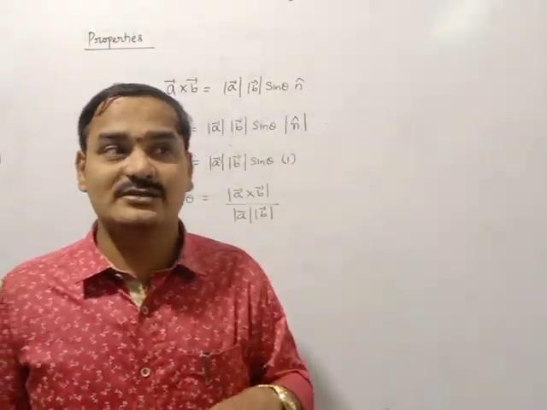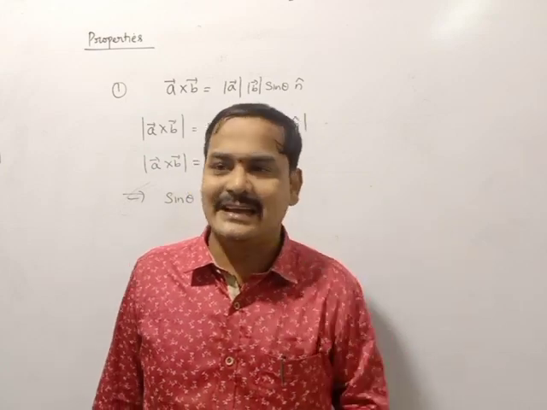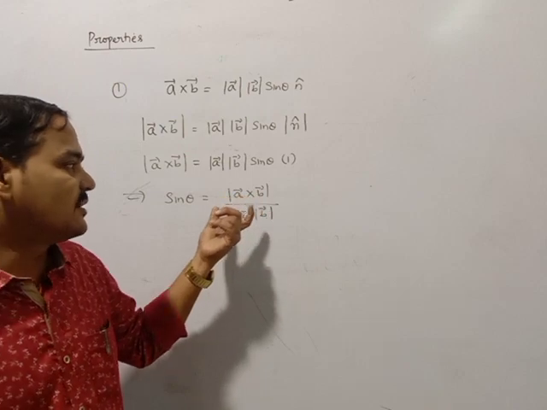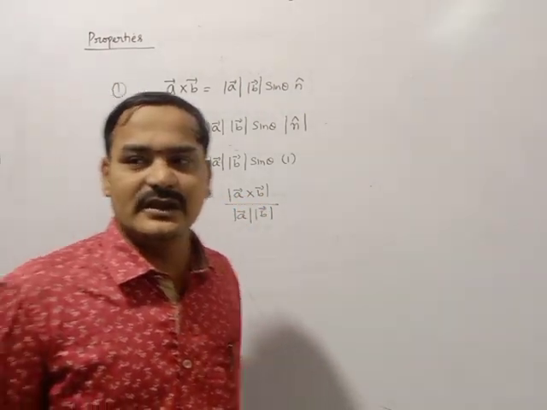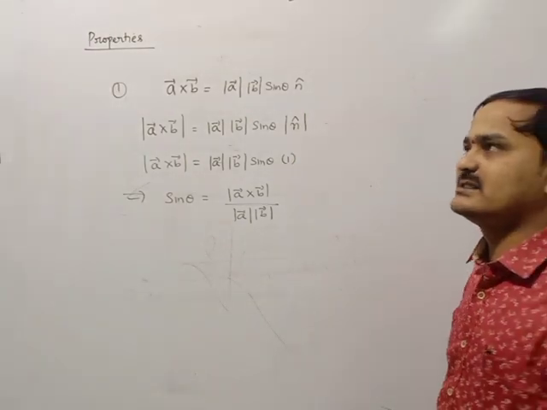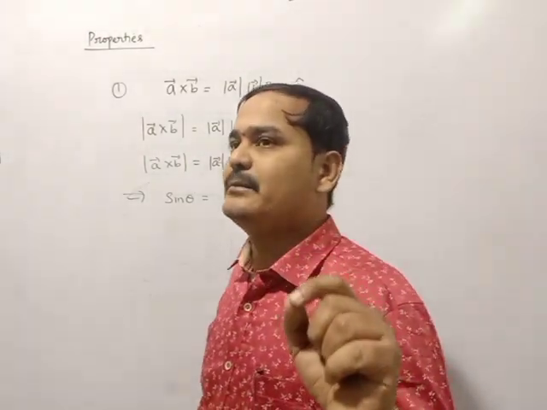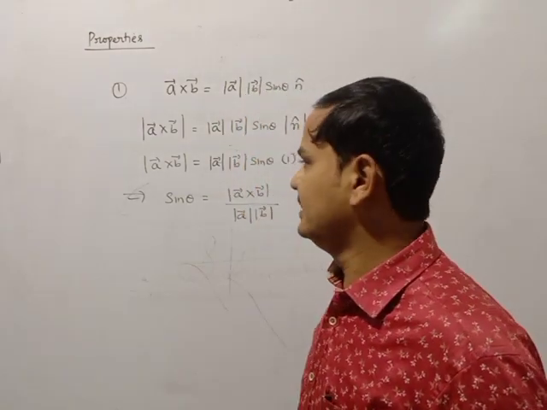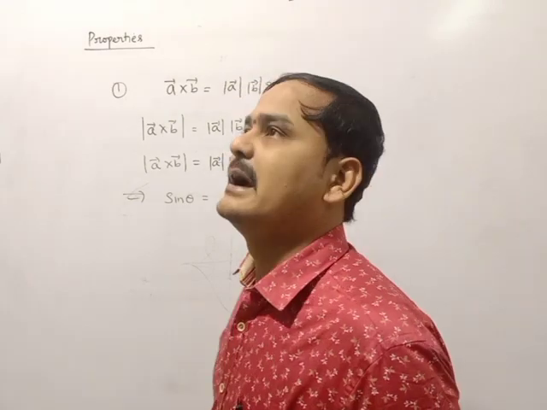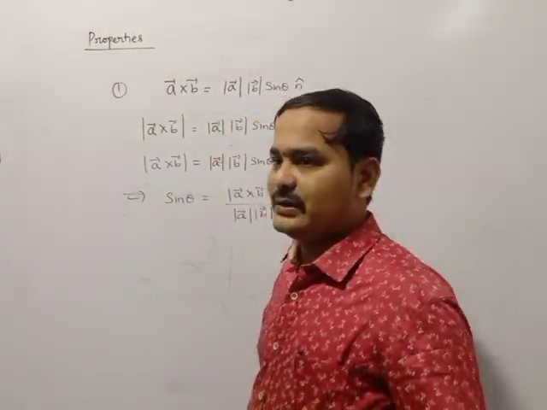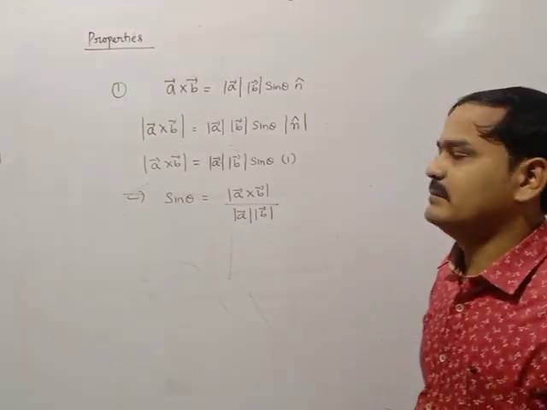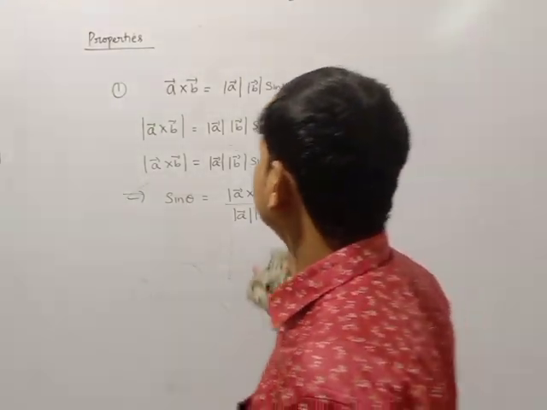But if the question asks you to find the sine of the angle, then go to the formula sin theta is equal to magnitude of A bar cross B bar by magnitude of A bar into magnitude of B bar. This is the first property, for finding the sine of the angle between any two vectors. This is the first point.